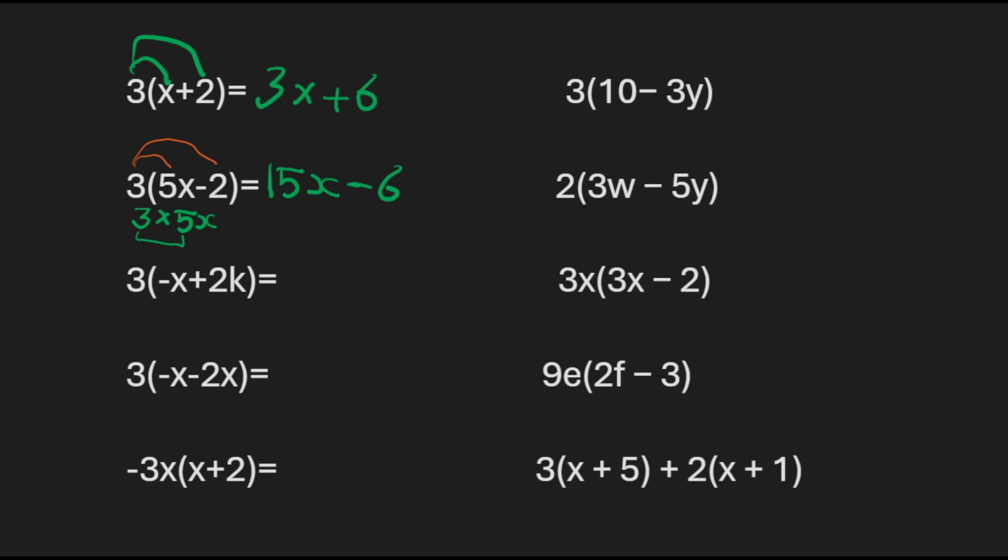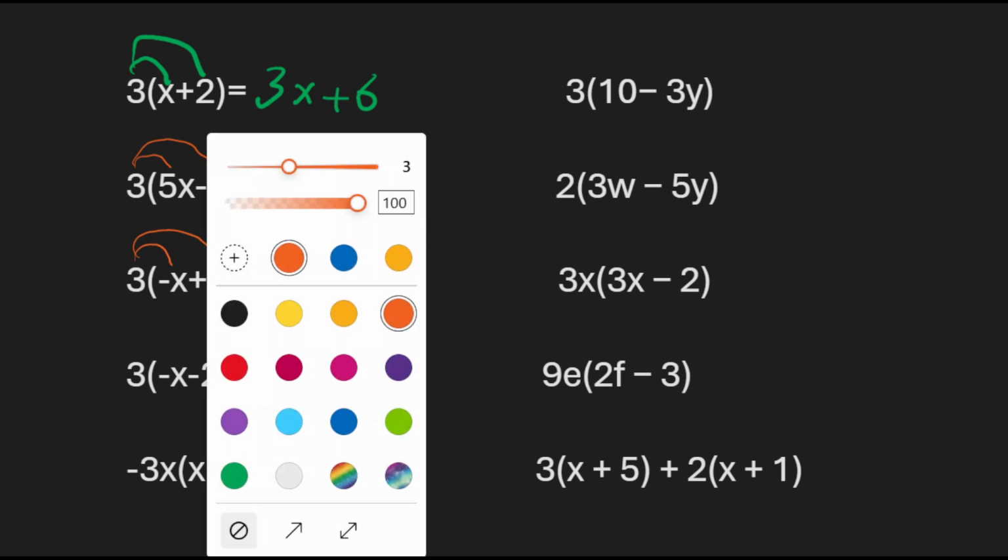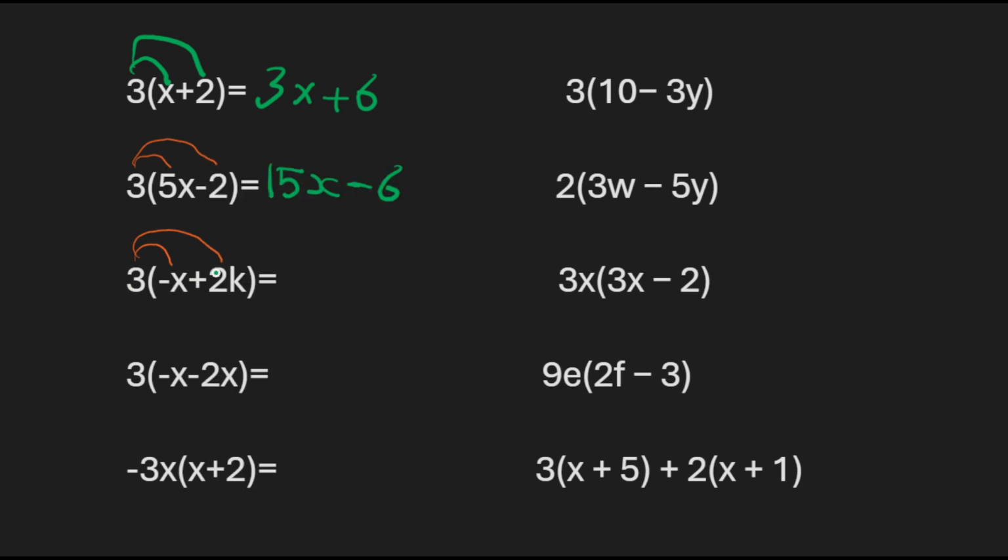Now let's look at the next one. 3 and then there is (-x + 2k). It looks scary, but it's not. We will do the same thing. 3 times negative x and 3 times 2k. So for 3 times minus x, it's positive times negative, so it's negative.